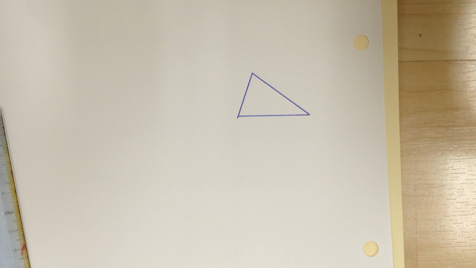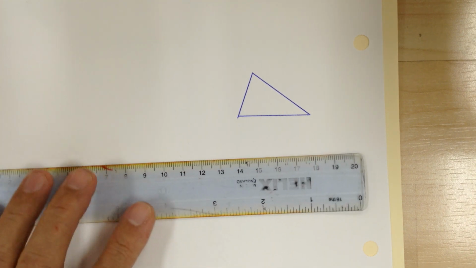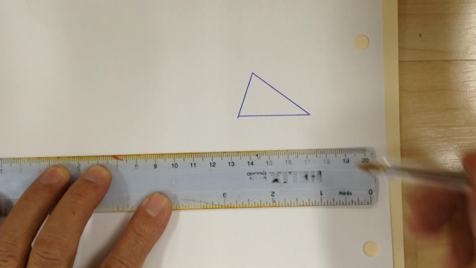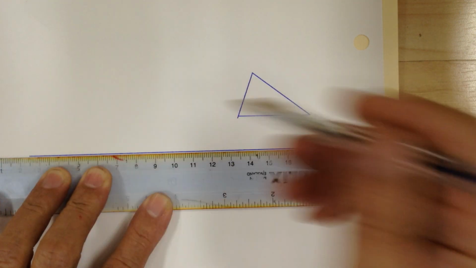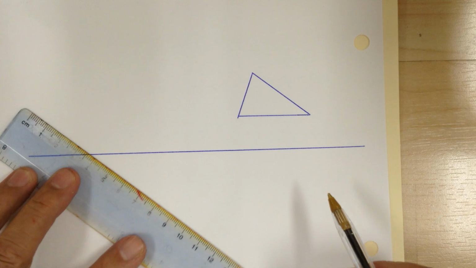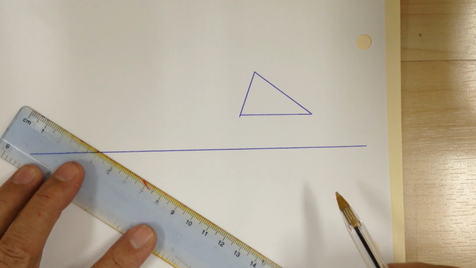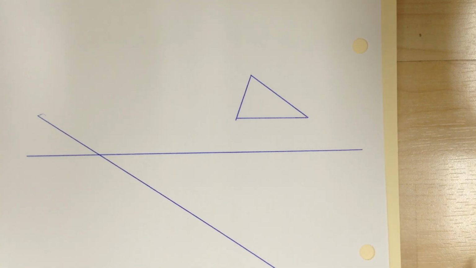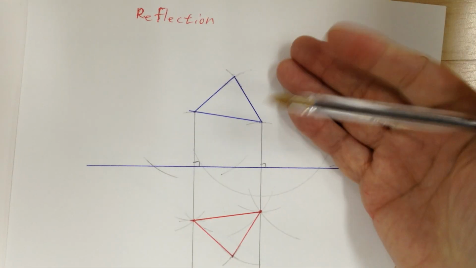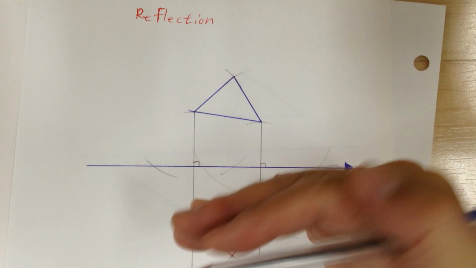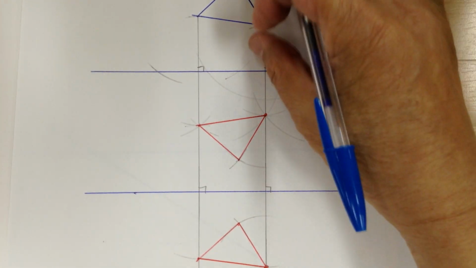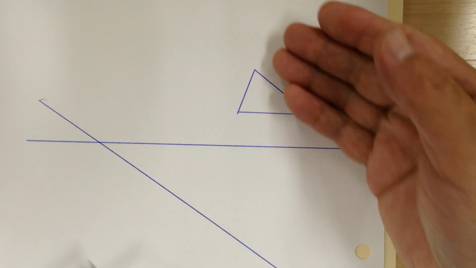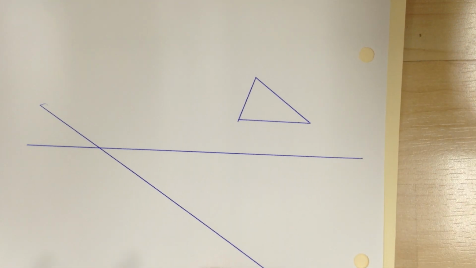And now we're going to reflect over two non-parallel lines. So you're going to have this line here, and I'm going to draw a line that is not parallel, and let's see what will happen. This one is you reflect over two parallel lines, you end up with a translation. So right now we're going to do the reflection over two non-parallel lines.